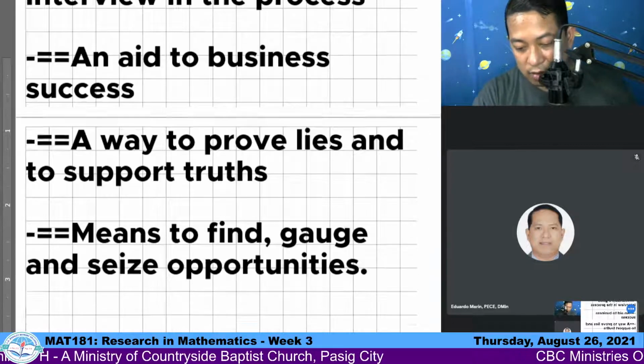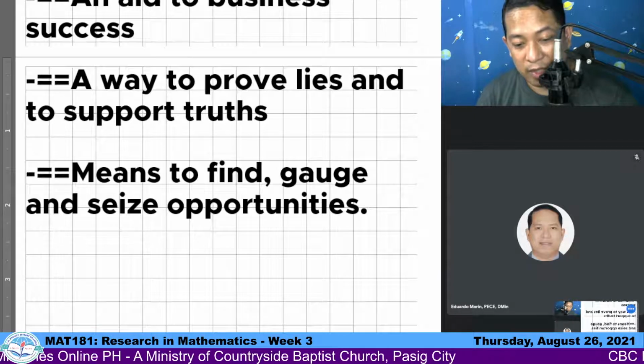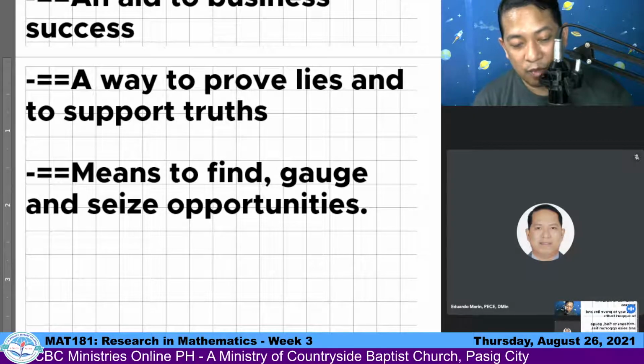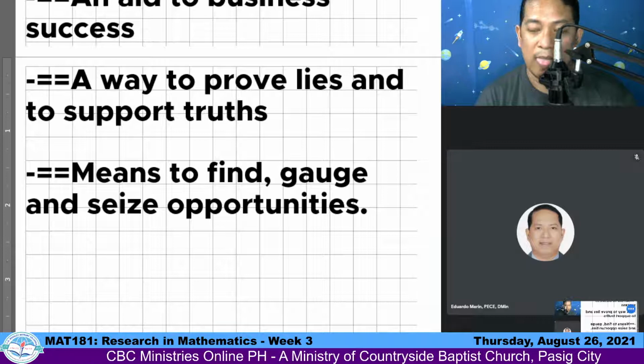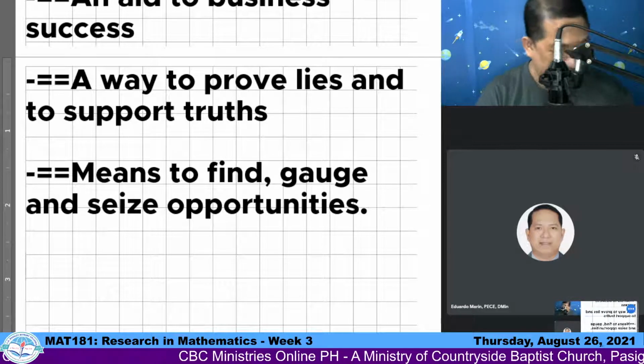Yan. O, di ba? So, you could have a research, no? To find out which is your edge, advantage, o yung niche na tinatawag.